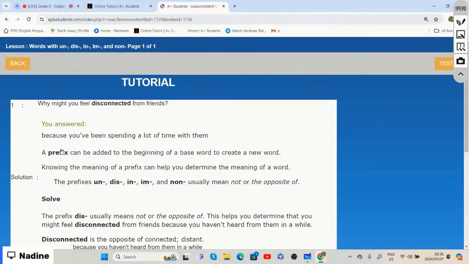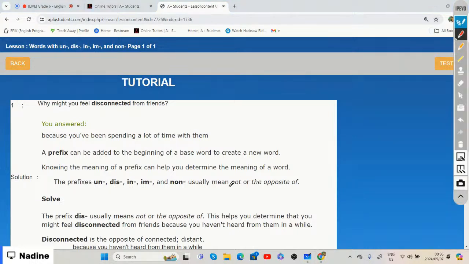These prefixes usually mean not, or the opposite of. So say for example, why might you feel disconnected from friends?